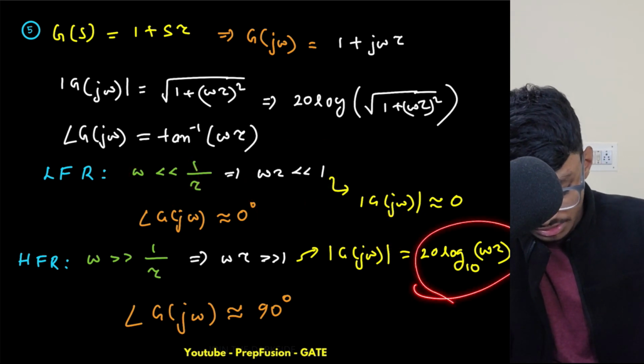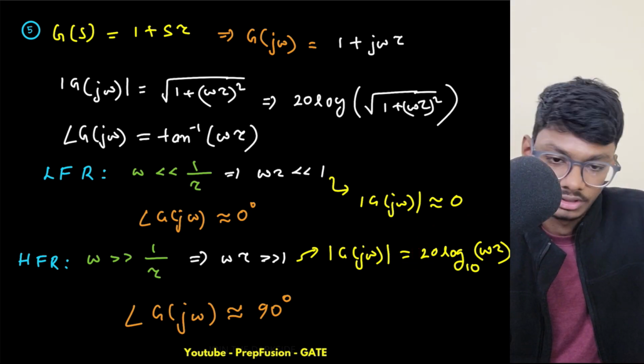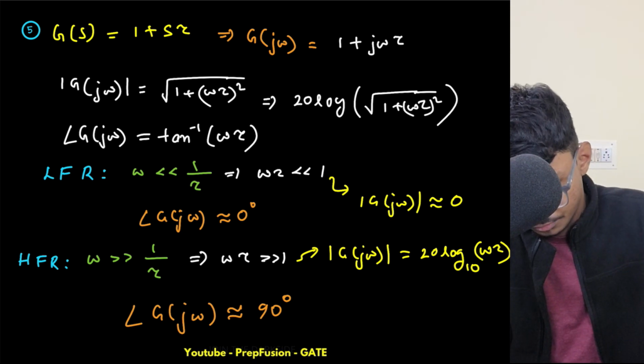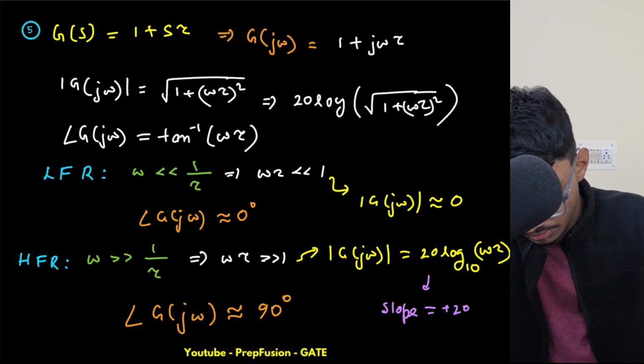Next the slope changes, the slope becomes plus 20 dB per decade. Here the slope changes to plus 20 dB per decade.